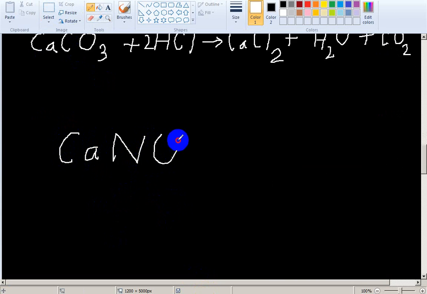Calcium nitrate is soluble. Calcium nitrate. Is this salt soluble or insoluble? Soluble. Why?